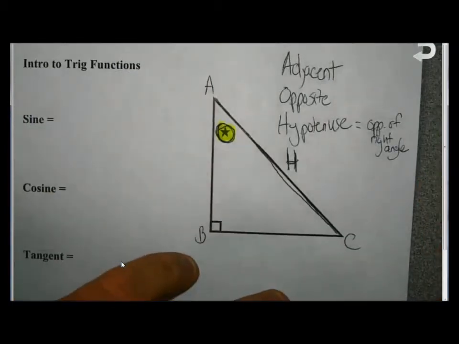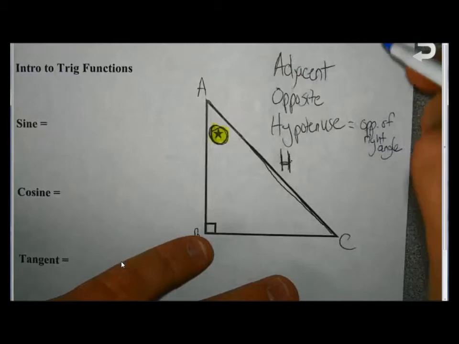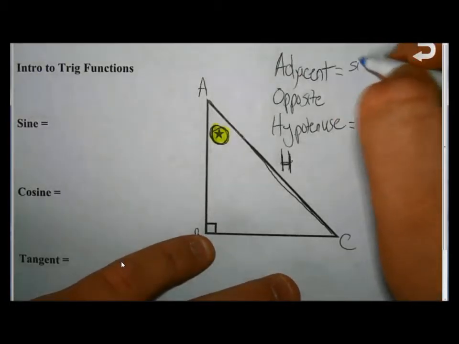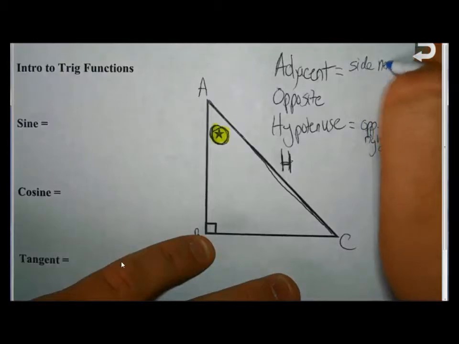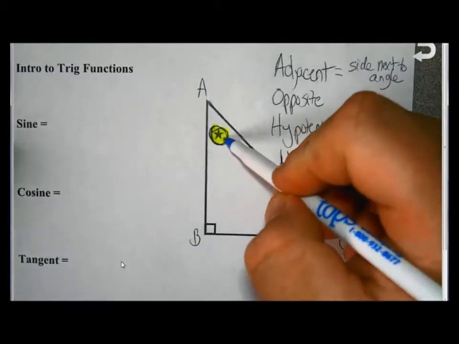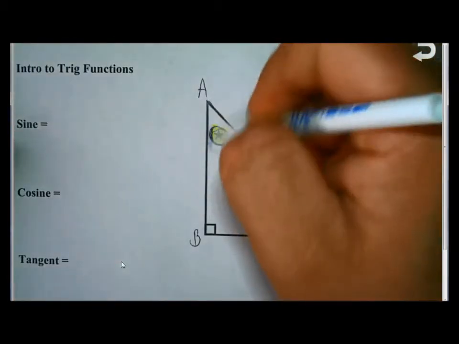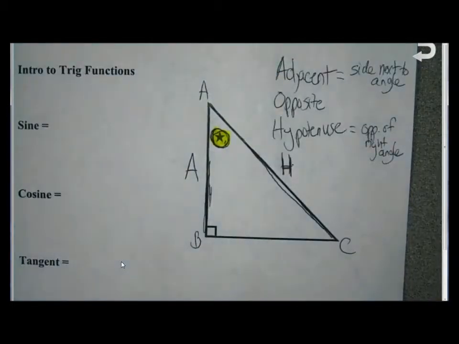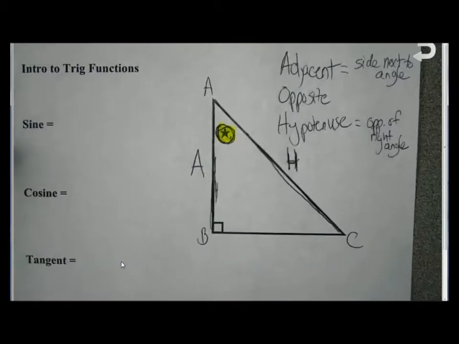Okay, the next one that I'm going to talk about is adjacent. And that is the side next to the angle that we're looking at. Well, if my angle is here, this side is next to it. So it's the adjacent. Everybody agree? Yeah?